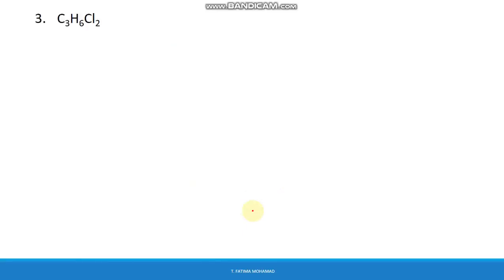This is the molecular formula of compound A, and it says we should write all the condensed structural formulas of all possible isomers. First of all, look at the alkane, it's C3, meaning 3 carbons.